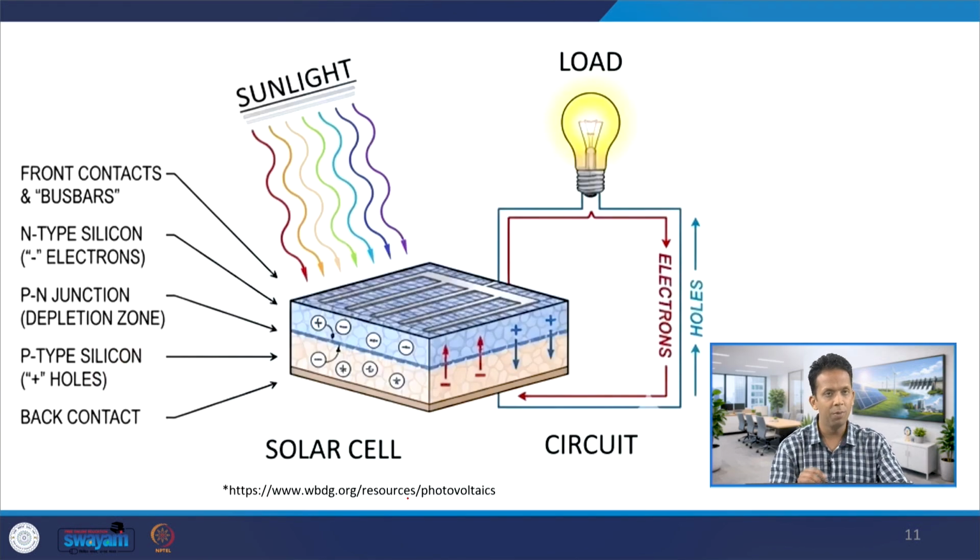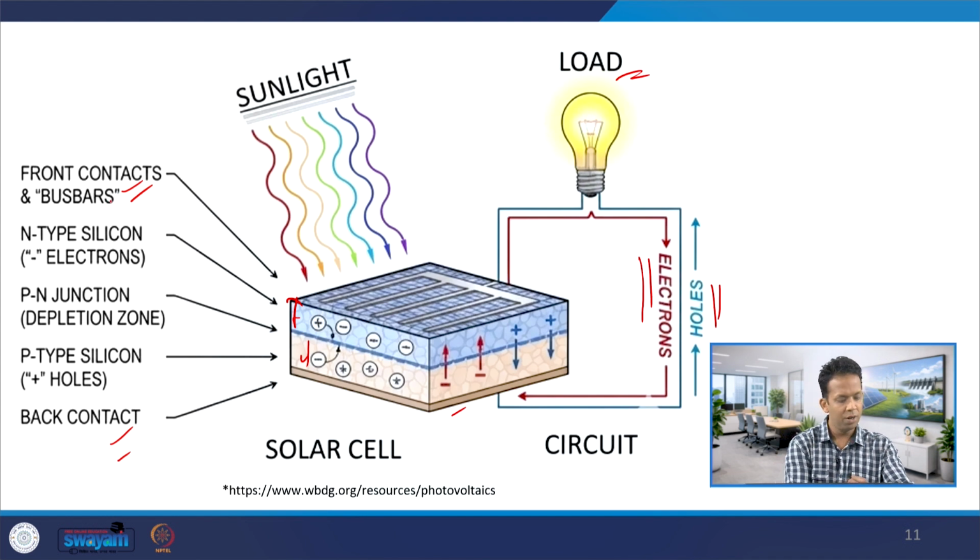You can see it in this picture where the front contact and the back contact are connected to a load, and when the circuit is completed, from N type to P type there is a movement of electrons, and from P type to N type there is a movement of holes. So overall there is a movement of electric current due to the generation of potential difference between the two types of materials, because of the shifting of electrons towards N type material and holes towards P type material.